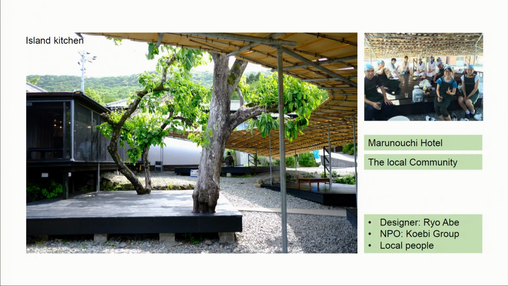I had lunch here. It's a very delicious restaurant, too popular to find a seat. Now it is operated by the NPO, the Koebi group, and local community people, which is a very successful case. So this is the 4 periods of transformation in the Seto Inland Sea.